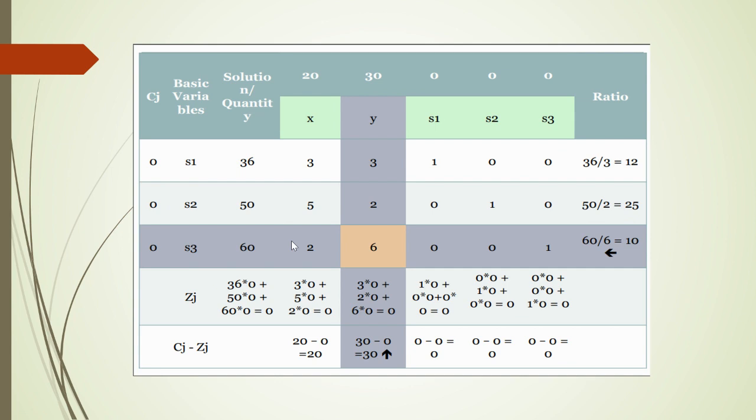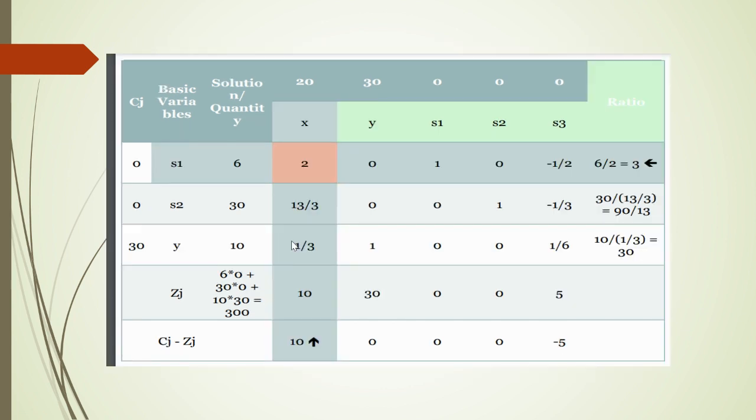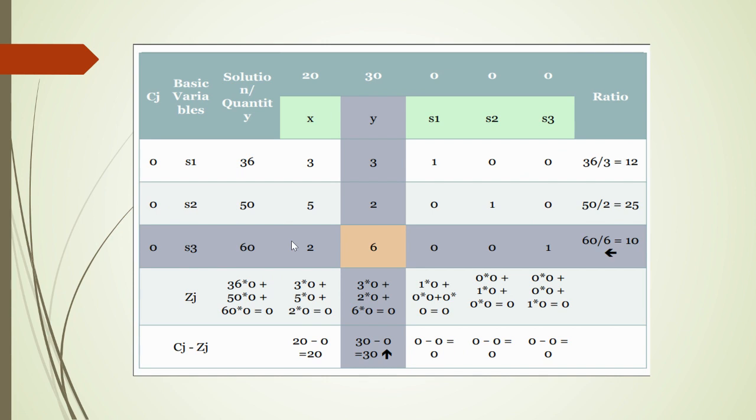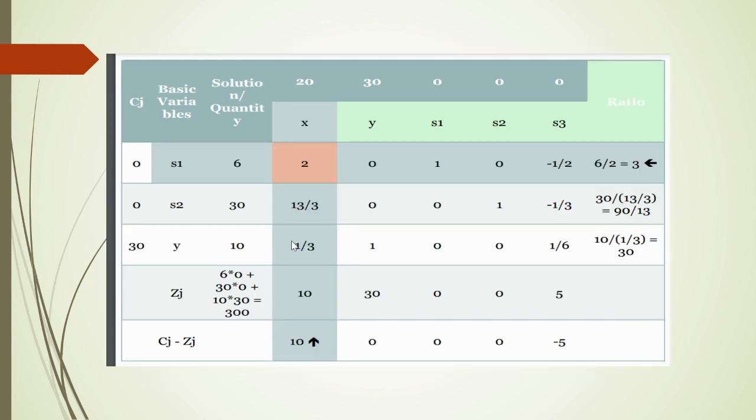And 3 minus 3 is 0. And this is how we computed the other two rows.